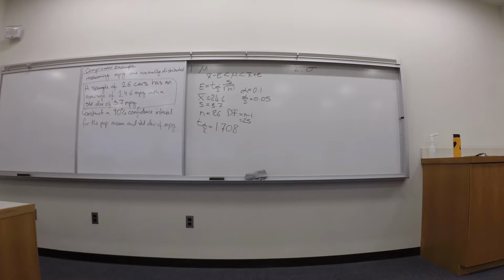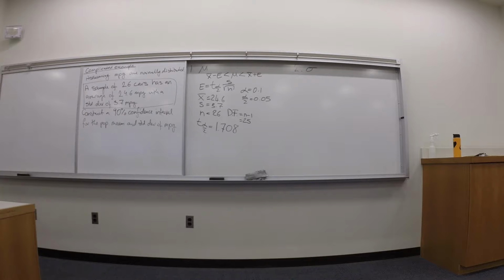So you do the calculation right here. Degrees of freedom is n minus 1, so it's 26 minus 1, that's 25. Then you look at your confidence level, 90, which is this, and the notation is T alpha over 2.